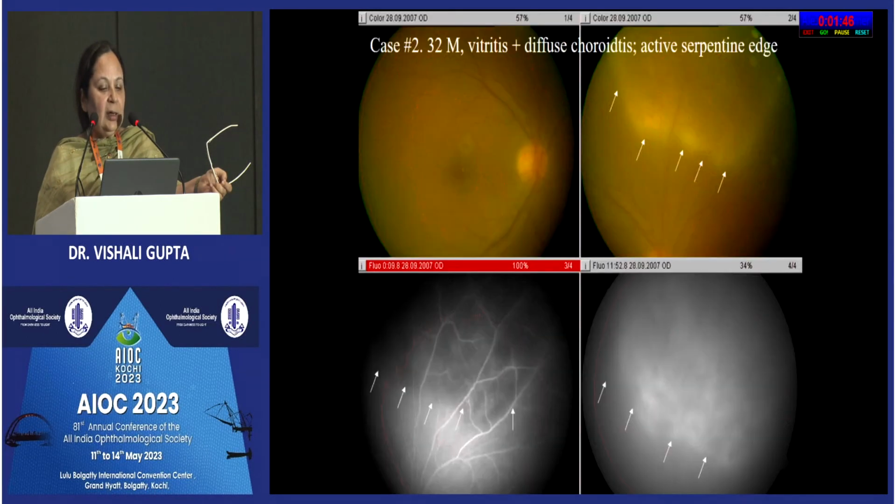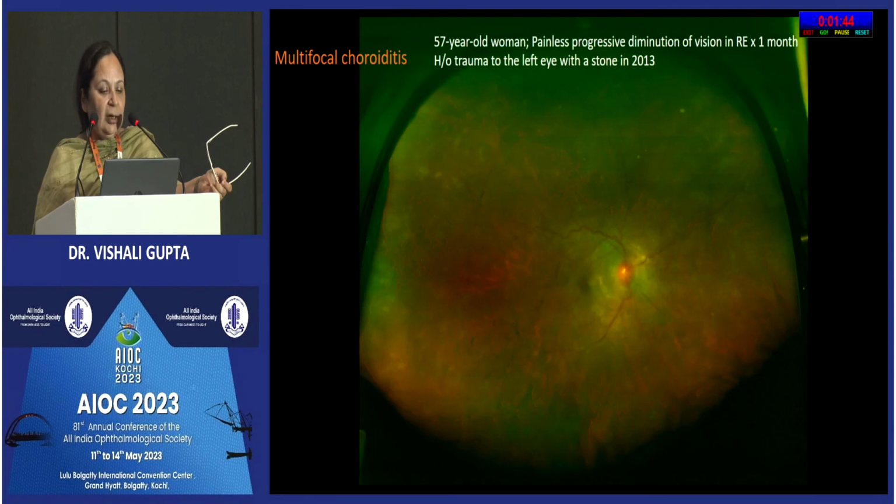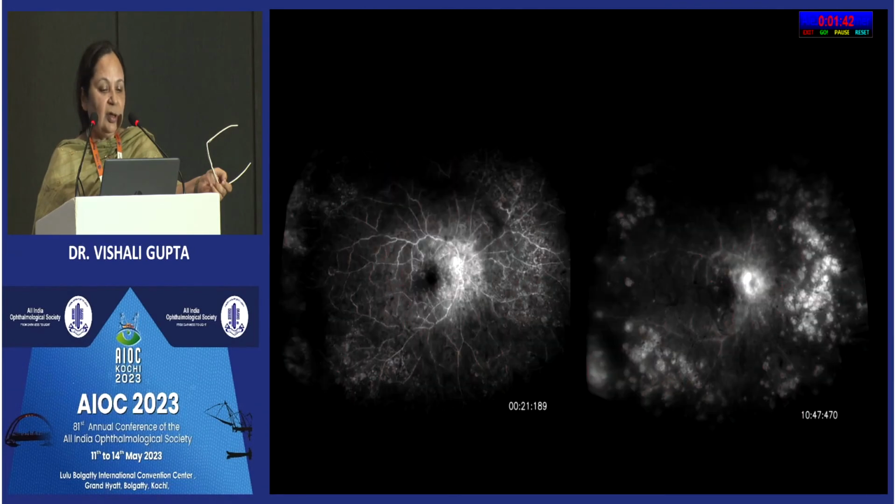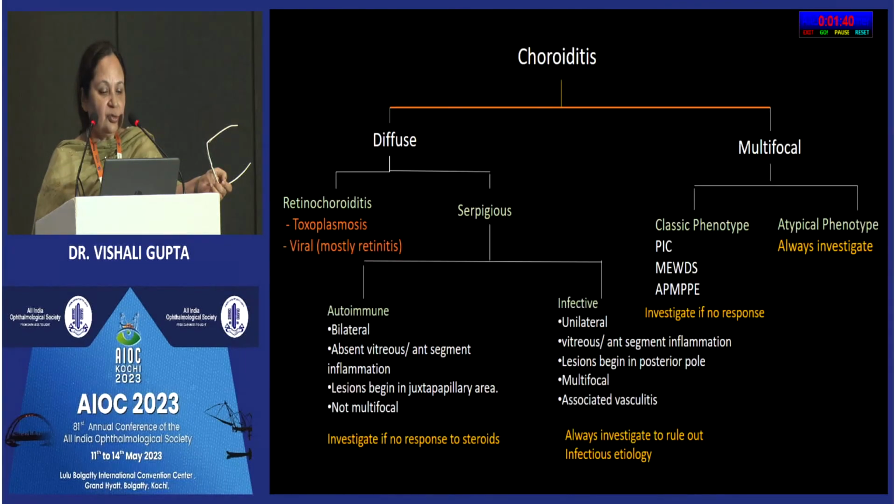So I think I will go to my algorithm instead of giving the whole talk, because I would like to spend some time here. If it is a choroiditis, you first see what kind of choroiditis it is. Is it diffuse or multifocal?